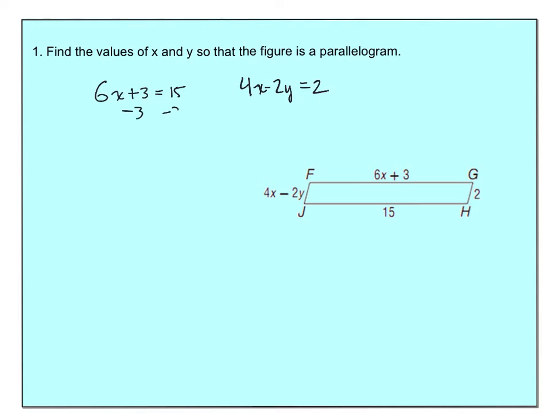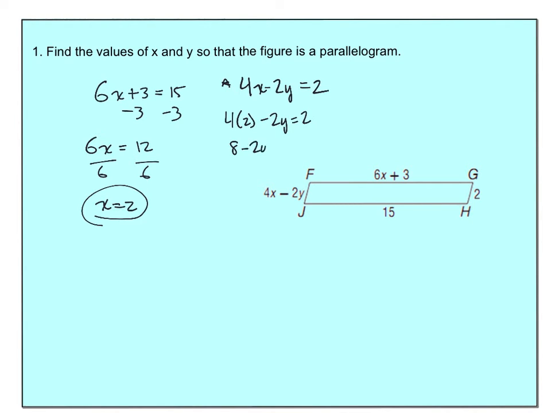So minus 3, 6x equals 12. Divide by 6, divide by 6, x equals 2. So we figured out x. Now for this one, I'm going to simply substitute in what I know. So 8 minus 2y equals 2.